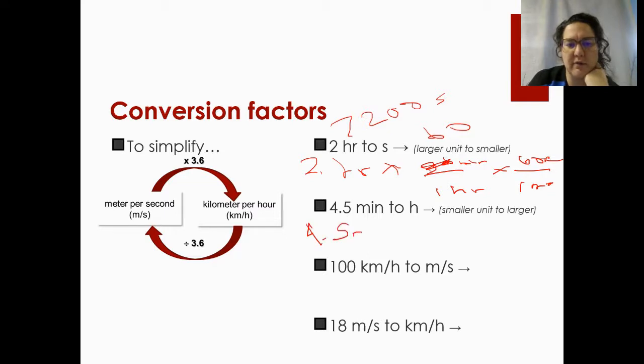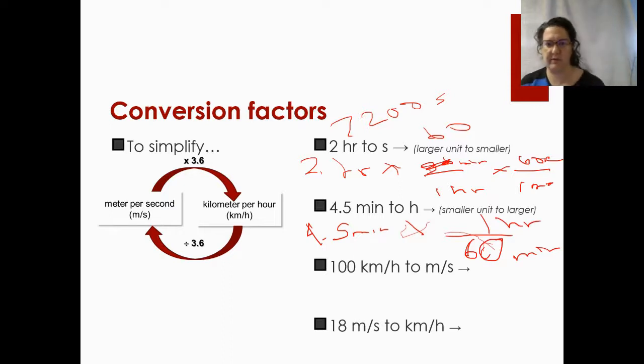Okay, 4.5 minutes to hours. So 4.5 minutes times 1 over 60 minutes in 1 hour.